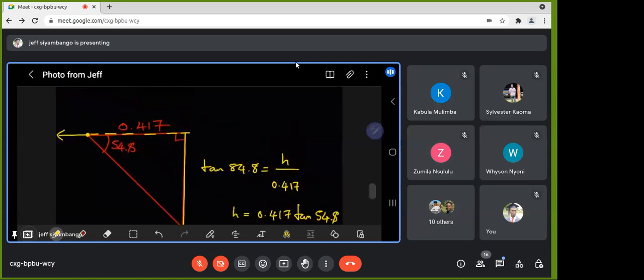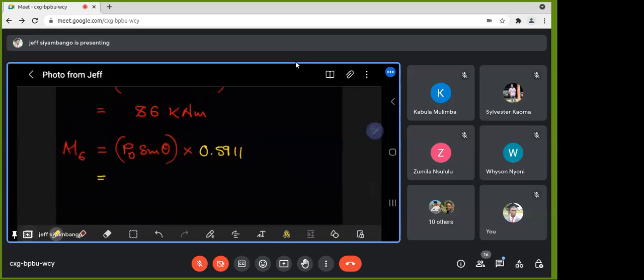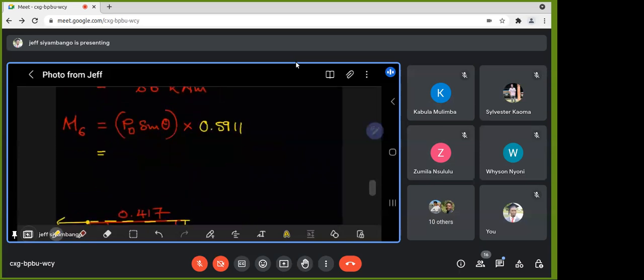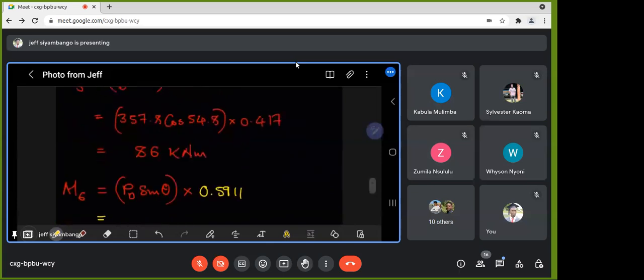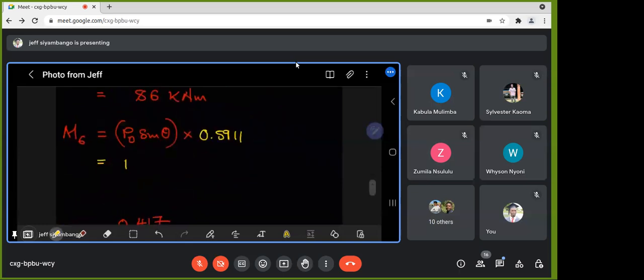We can then multiply this by what PD is. PD is 357.8. But now we need sine theta. So sine 54.8 is 0.8. And we get 172.8 kilonewton meter.